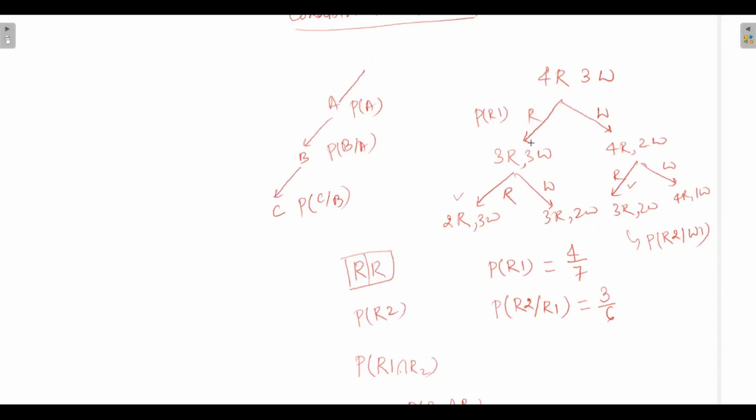So in such cases, this is the correct meaning. You can understand what is written here. It means that R2 is actually dependent on R1. But what I need is this one, wherein the first one is R1 and the second one is R2 as well. I mean, the red as well. Okay.